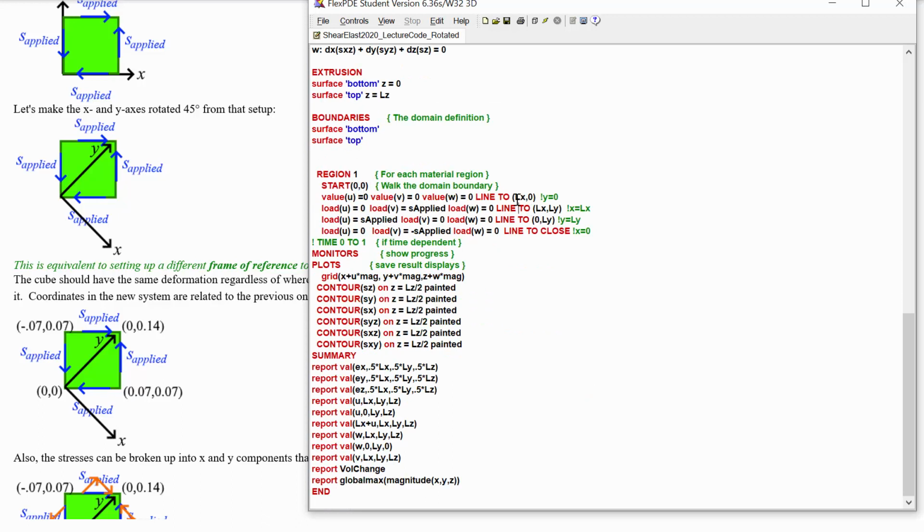We'll start at 0, 0, then we'll go to Lx over root 2, Ly over square root 2, and maybe we'll call this original bottom, where we're going to fix it. Then we'll take a line to 0 in X and Ly times square root 2 to go to the top surface.